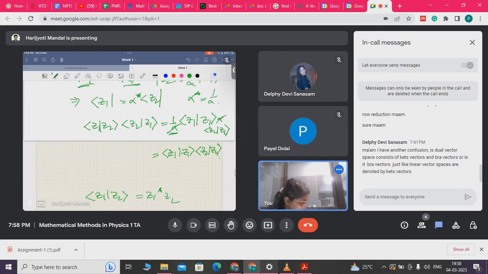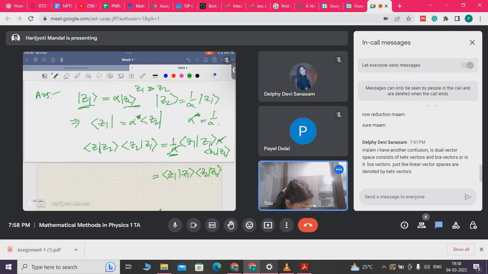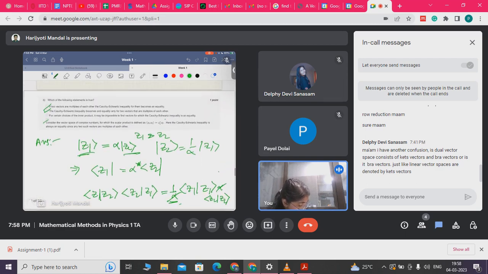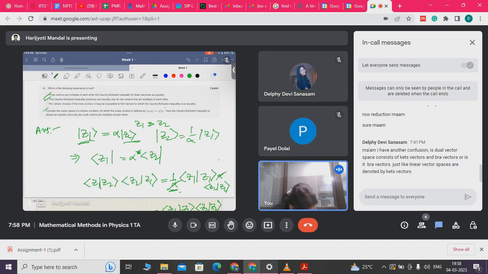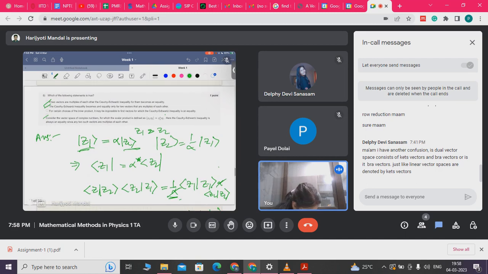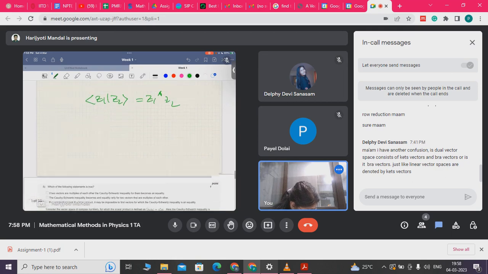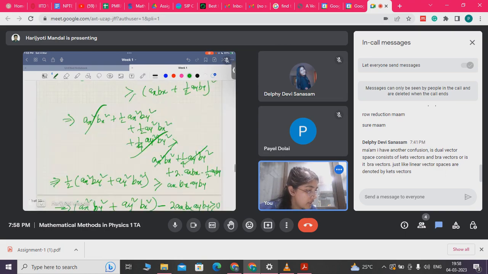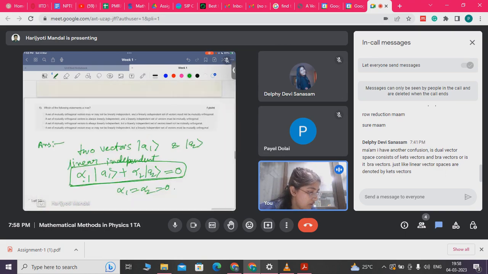So we have proved that if one vector is a multiple of the other, z1 equal to a multiple of z2, then z2 is also a multiple of z1. z2 has been written like this, 1 by alpha z1. So it becomes an equality since the two vectors are multiples of each other. Okay, so questions A, B and D are true.